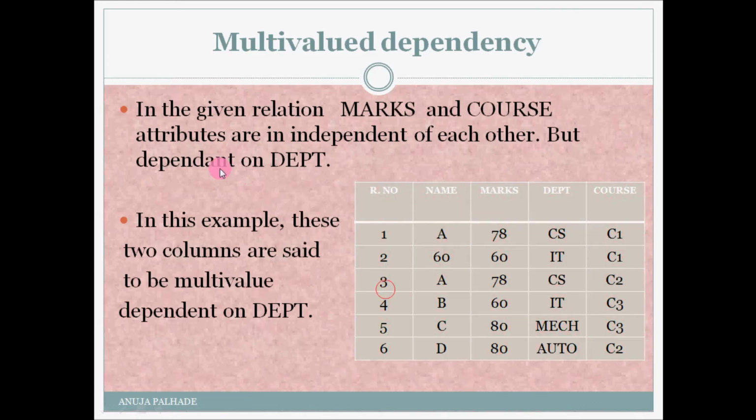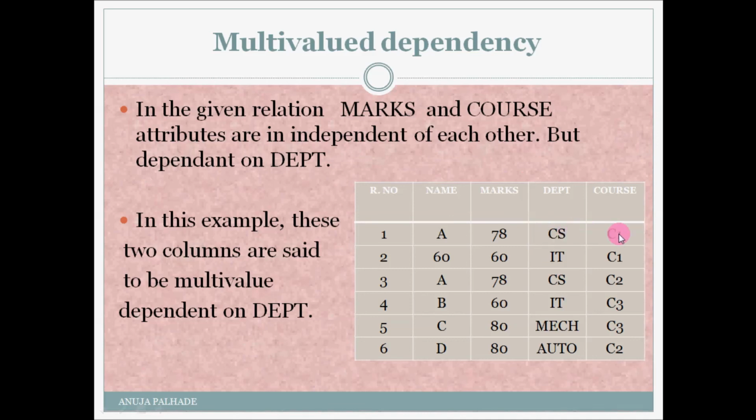Let's understand with an example. Suppose this is the relation. In the given relation, marks and course are independent of each other. Marks are not related to the courses, and whatever the marks of the students in these courses are is another matter. So there is no relation between them, but both depend on department.